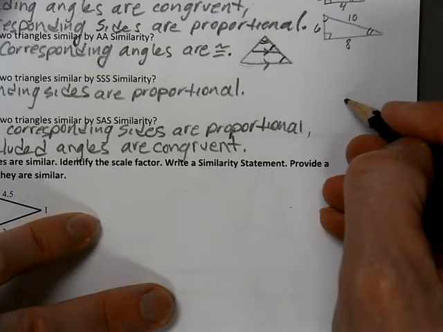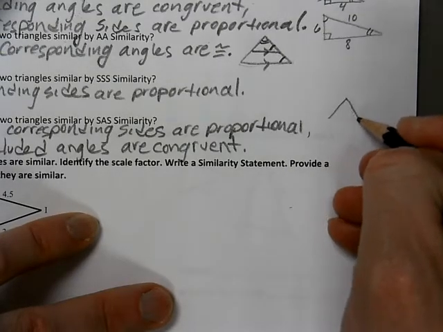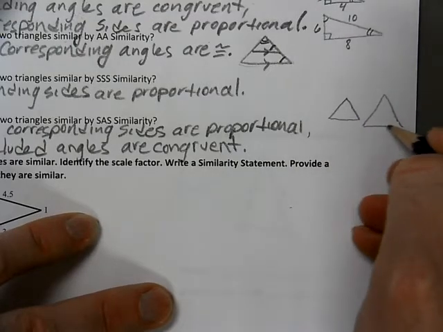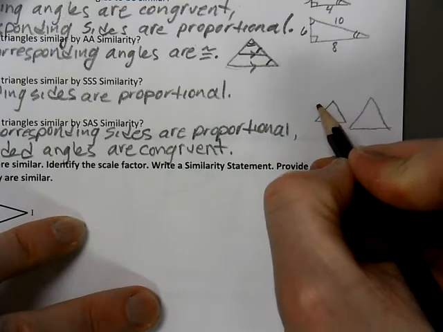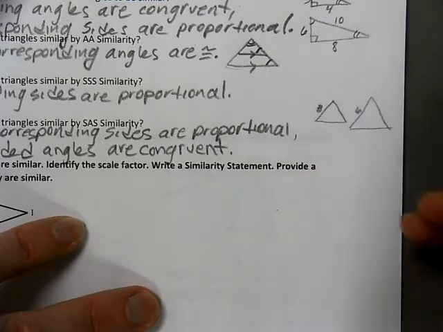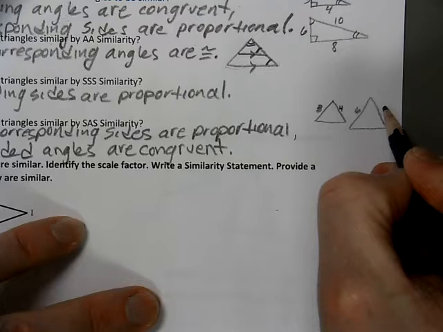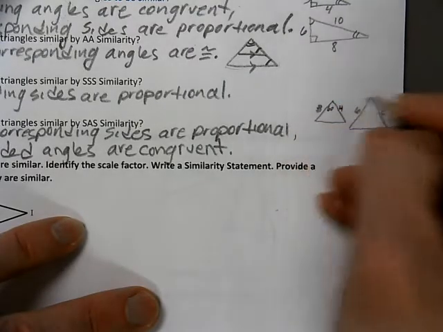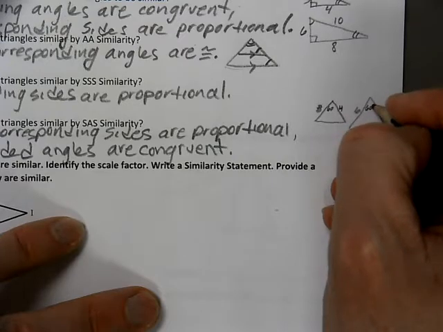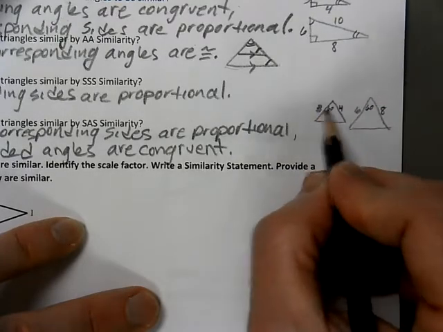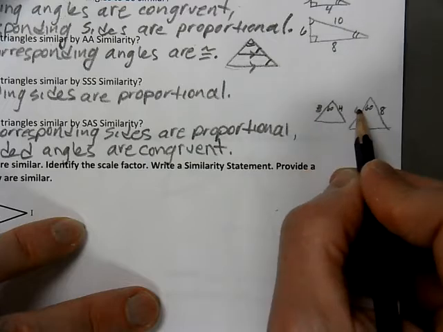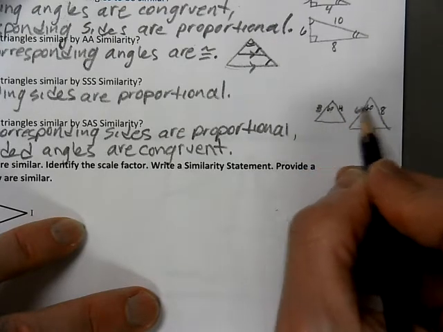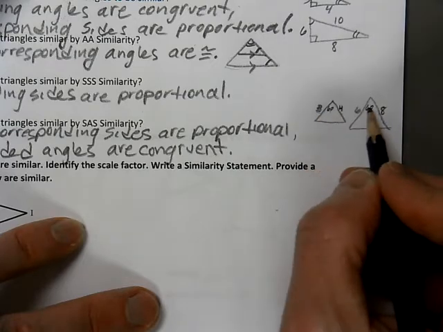So what that might mean, if we know that this is 3 and this is 2 times that amount, this is 4 and this is 2 times that amount, this here might be 60 degrees and this here might be 60 degrees. So we have corresponding sides that are proportional, and we have the included angle of those sides that are congruent.